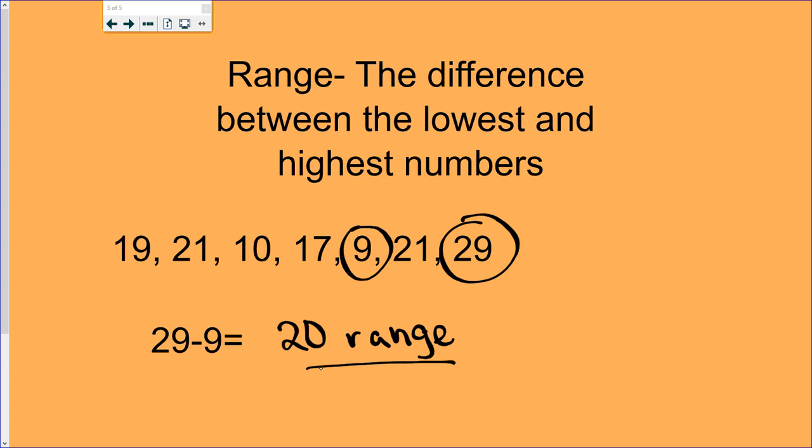You have a worksheet with sets of data, with a lot of numbers here. I will allow you to use a calculator to add them up when you're doing your mean. For your median, mode, and range, you're going to use your set of data and do what you need to do.